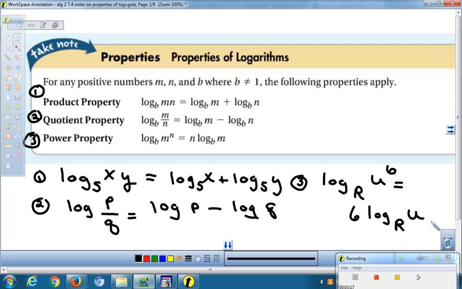All right, so the third one is the one that gets the most errors. We need to remember that that property applies when we have u to the 6. It does not apply when we have something like this.